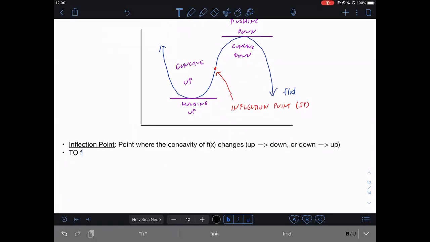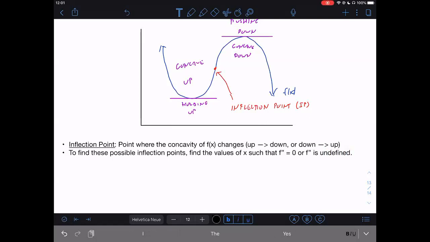In order to find these possible inflection points, we have to find the zeros of the second derivative, meaning we have to find the values of x such that the second derivative will equal 0, or our second derivative will be undefined.